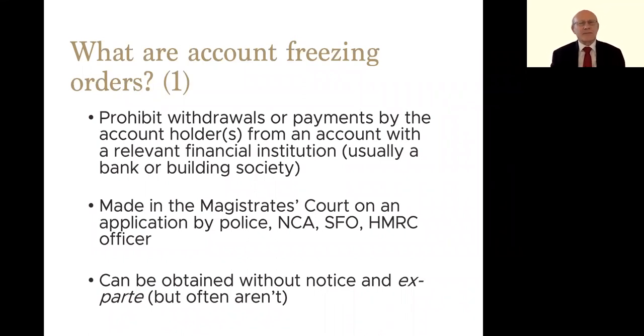And there's a reason for this. They can be obtained ex parte because if there is a danger that if notice is given to the account holder, the money will have gone, evaporated before the account freezing order can be made, then clearly that will defeat the whole object. So in those circumstances, the application can be made without notice and ex parte.